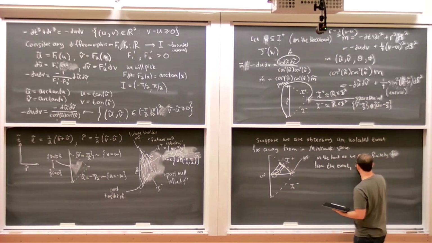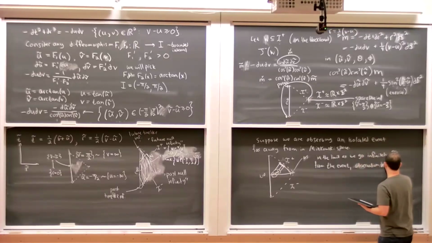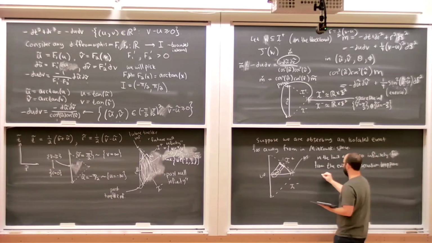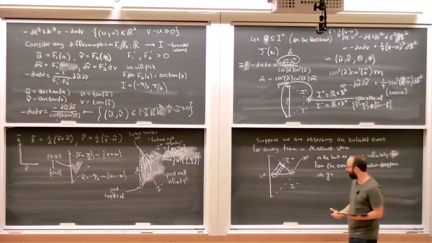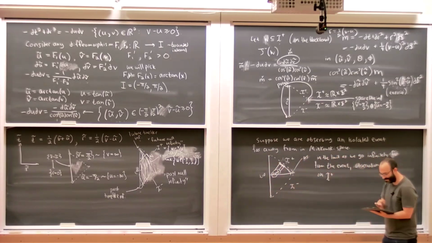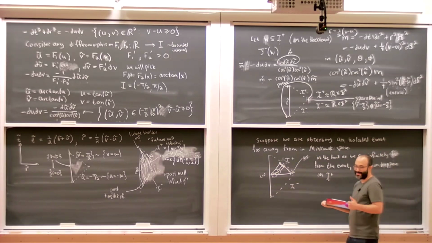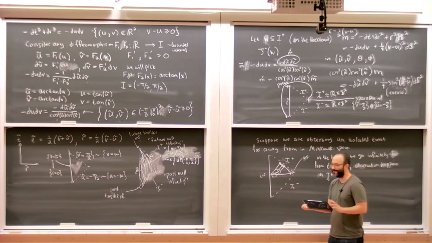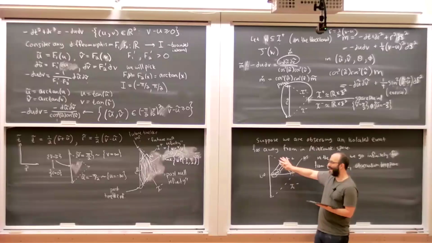So in the limit as we go infinitely far away from the event, the observation happens on future null infinity, right? And future null infinity is important because we are there, and we'll see that the weak cosmic censorship conjecture, in its first very informal version, is that I plus always exists.